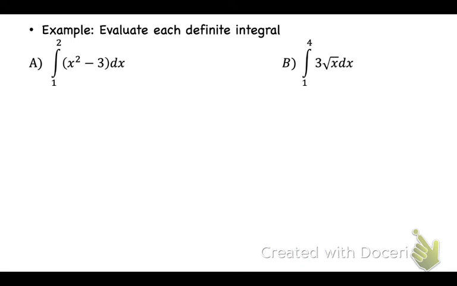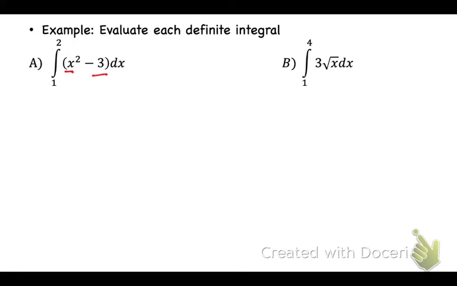Okay, so examples. I need the integral from 1 to 2 of 2x minus 3 dx. Now we know that we take the integral of 2x minus the integral of 3, correct?